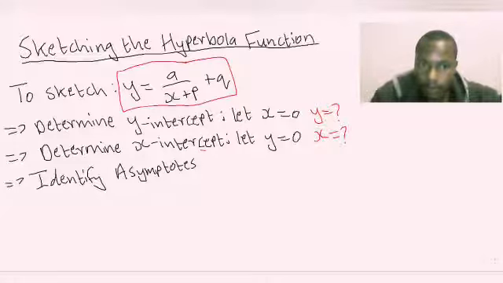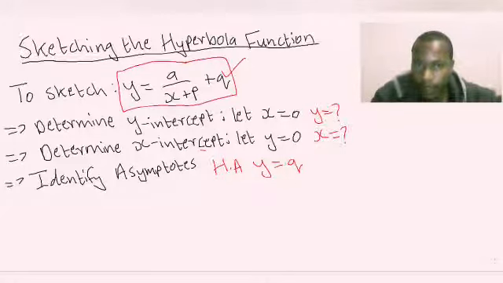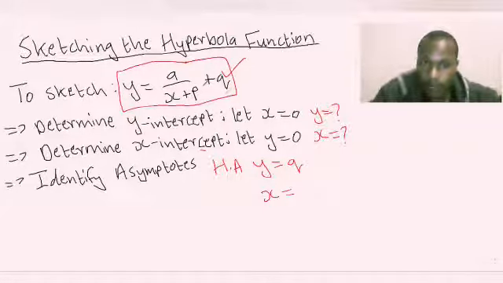The asymptote that you would have here would be the horizontal asymptote, which would just be y equals q. So that would be this q over there. You would also have x equals negative p.